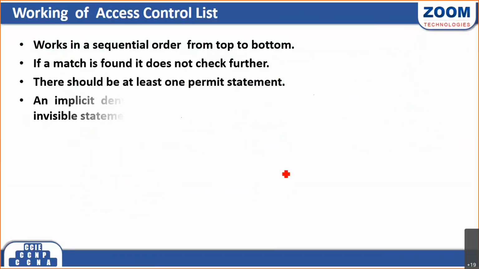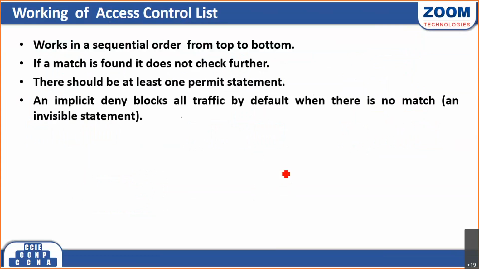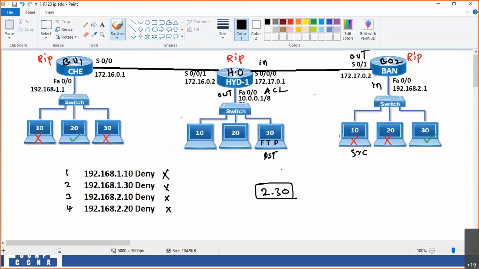So if there is no permit statement, then all remaining users' traffic is denied. You can read the next point: an implicit deny blocks all the traffic by default when there is no match. It is an invisible statement. So what we do is make rule number 5 a permit any rule.